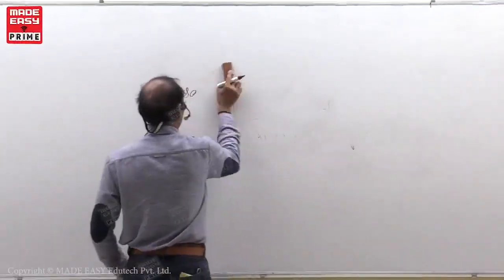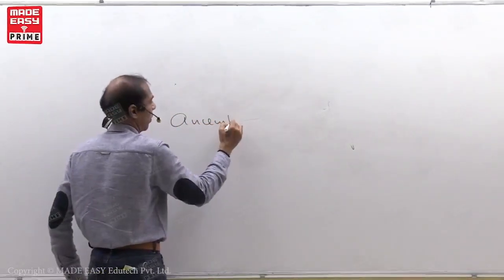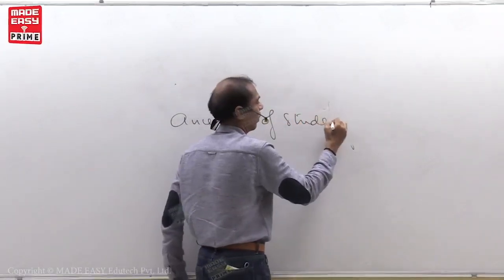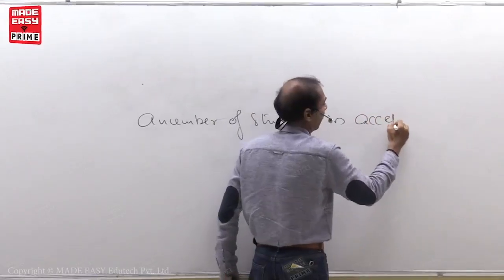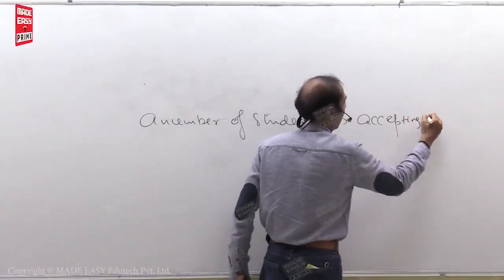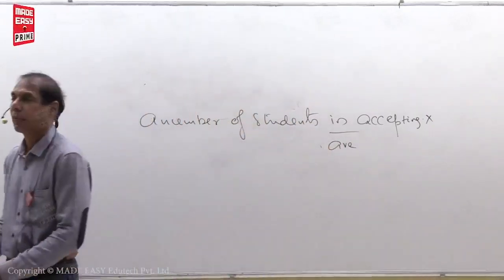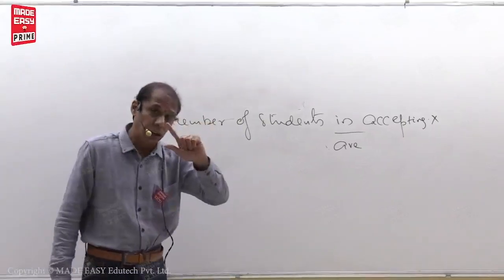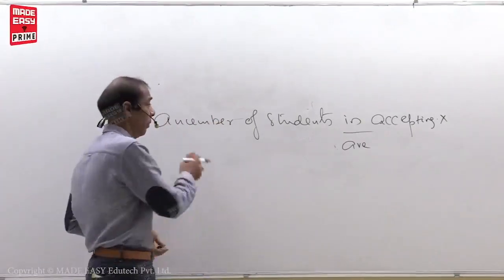See, a number of students is accepting: wrong. A number of students are accepting, not is. The number of takes a singular verb. A number of takes a plural verb.